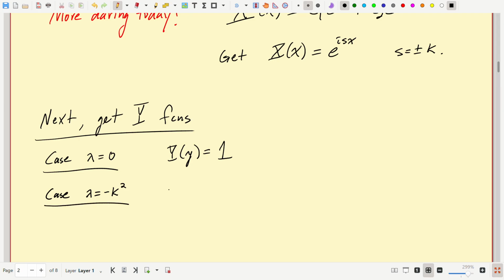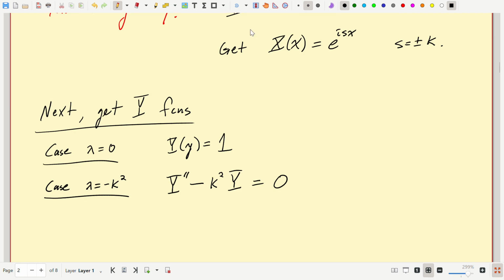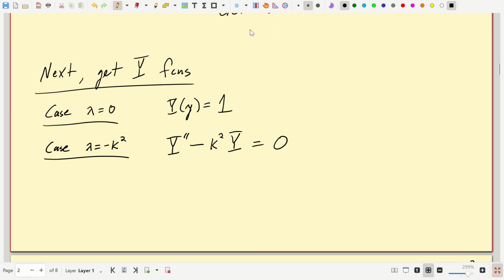Then my y problem is y double prime minus k squared y equals 0. The sign is different in the lambda spot in the y problem. And that's the exponential function. So r squared minus k squared equals 0 gives me r equals plus or minus k.